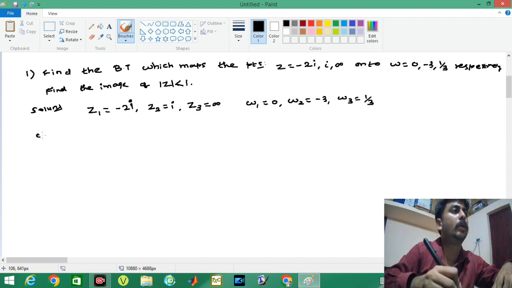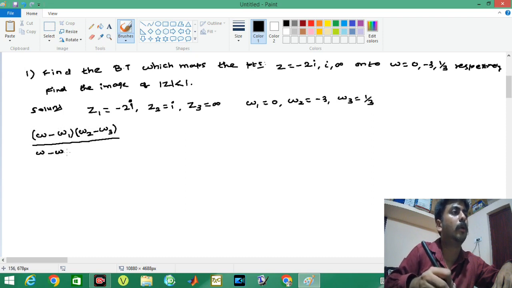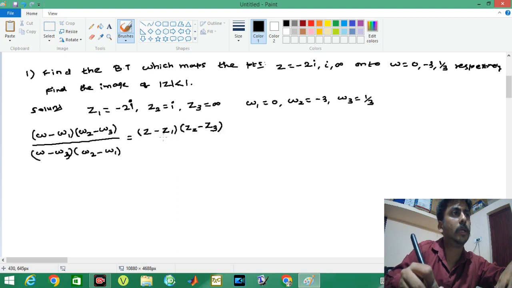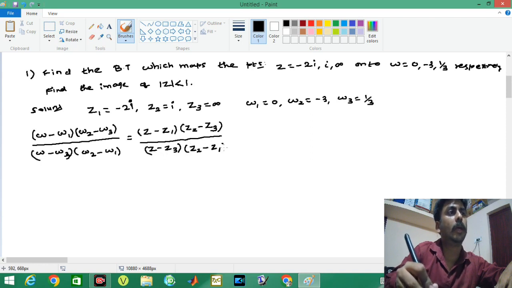We know that the formula for bilinear transformation is (w minus w1)(w2 minus w3) divided by (w minus w3)(w2 minus w1) equal to (z minus z1)(z2 minus z3) divided by (z minus z3)(z2 minus z1).